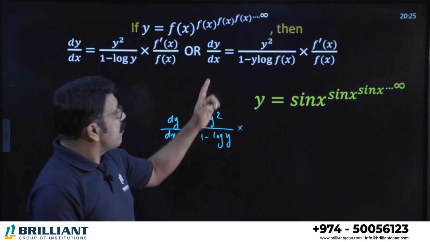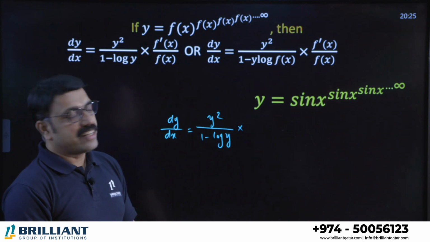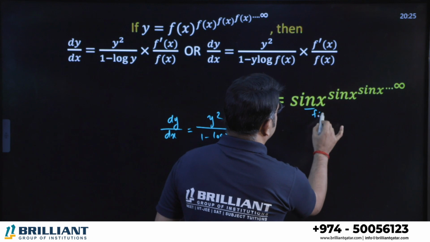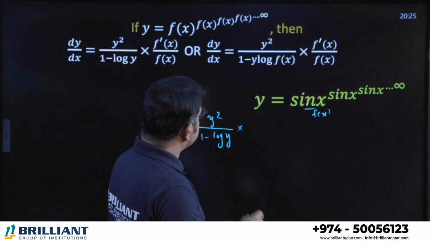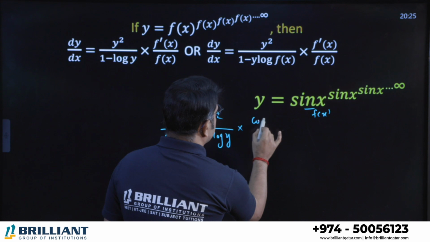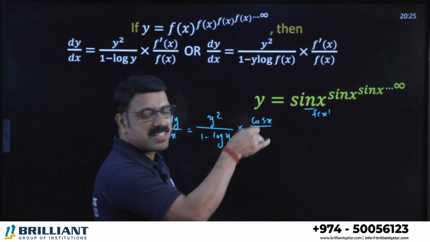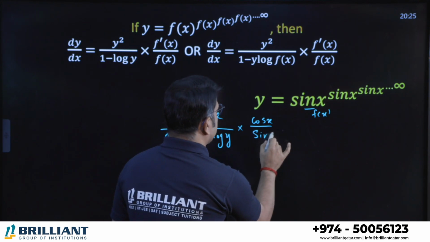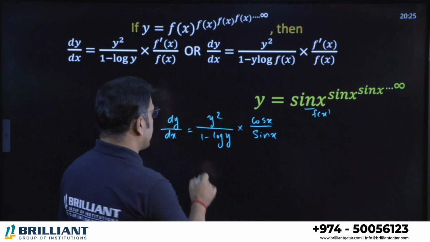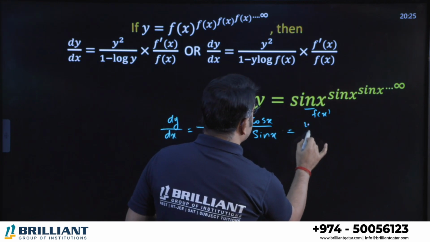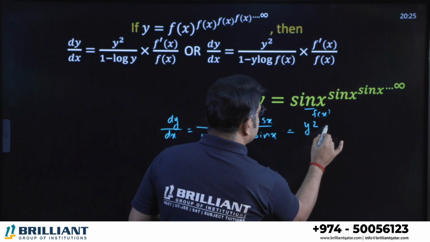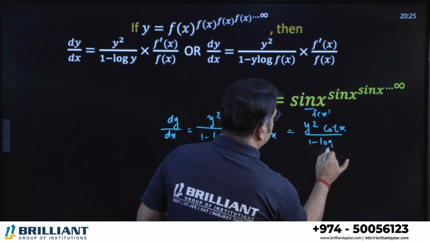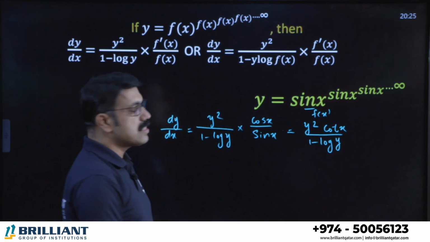Into f dash x divided by f of x, the derivative of f of x, because here f of x is sin x only, right? So its derivative is cos x, divided by the same sin x, f of x. If you want, just rearrange. That means it equals y square cos by sin, which is cot x, divided by 1 minus log y.